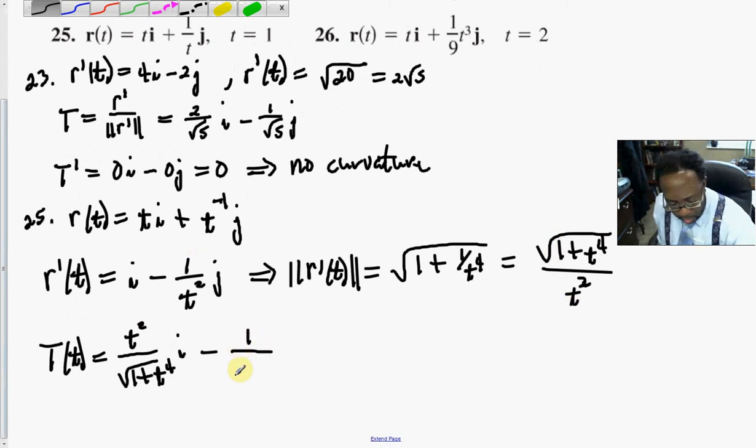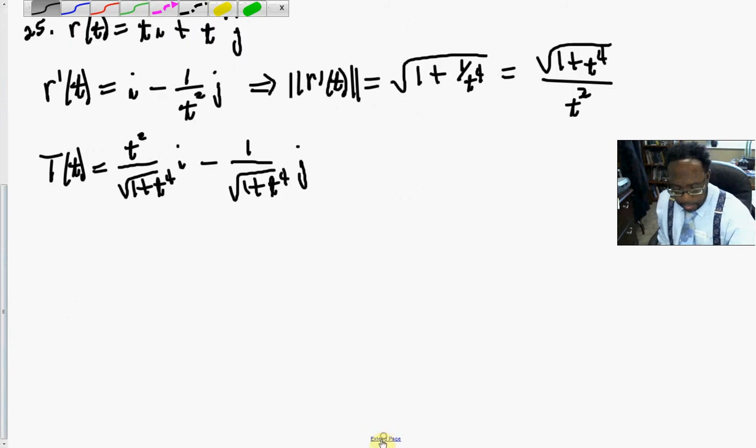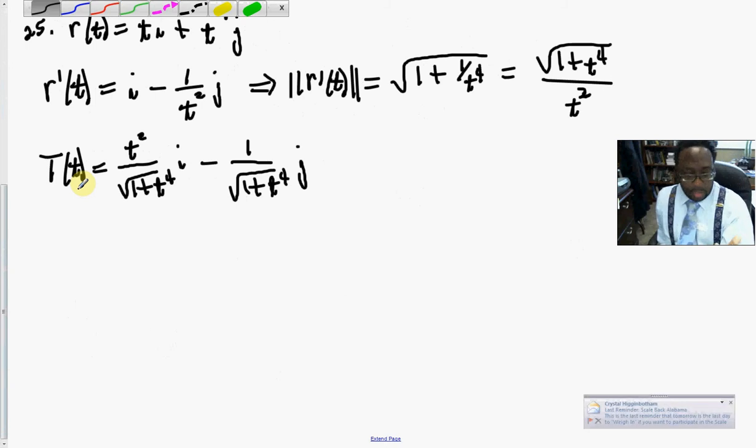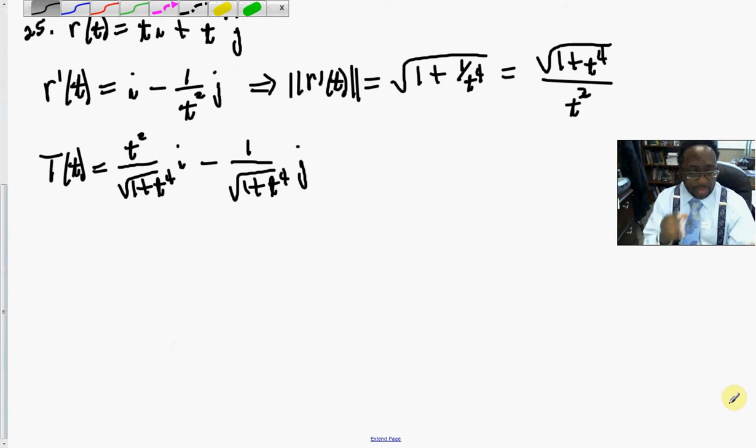We have left 1 over the square root of 1 plus t to the 4th j. And we know that the tangent and the normal vectors are perpendicular, so the dot product there would have to give us 0 in the combination of those coefficients.